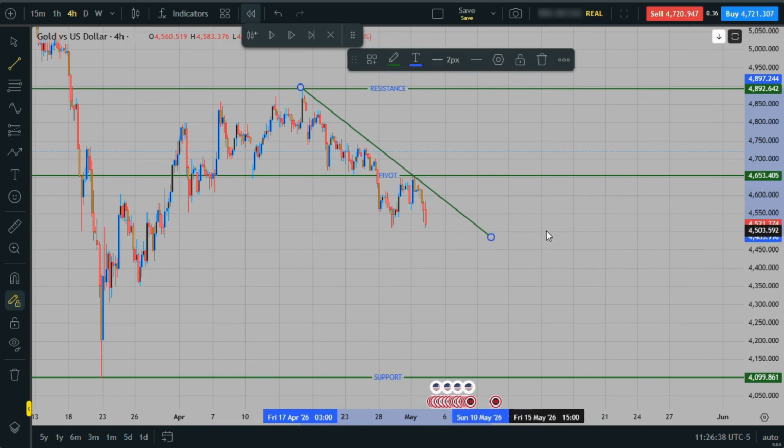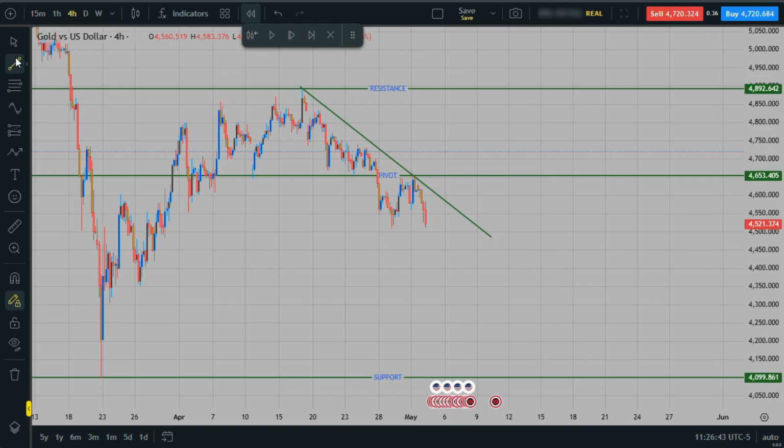After drawing my trend line, I came to the 1-hour time frame for confirmation.